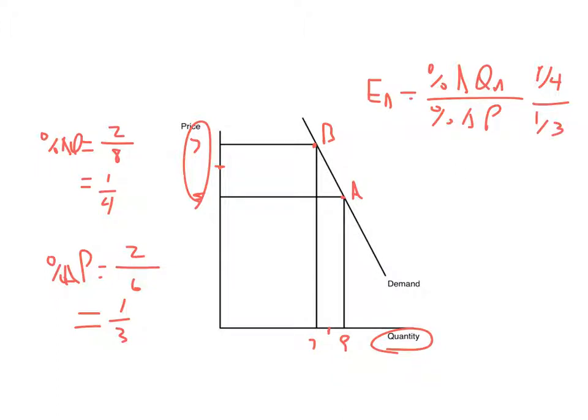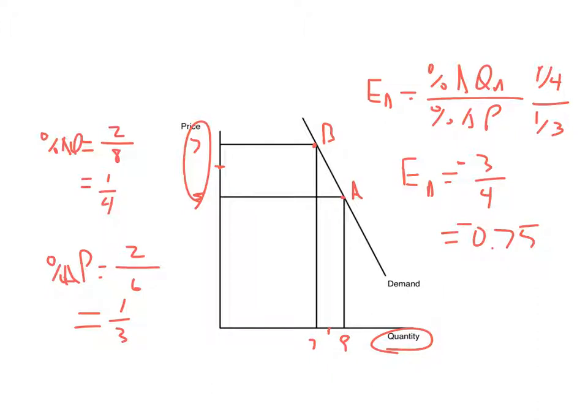So price elasticity of demand is equal to 1/4 divided by 1/3. That simplifies to 3/4, or in decimal form 0.75. Now, because demand is a negative relationship, that is, when price goes up, quantity demanded goes down, we know that this elasticity statistic must be a negative number.